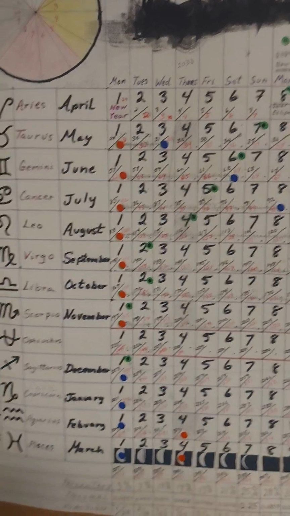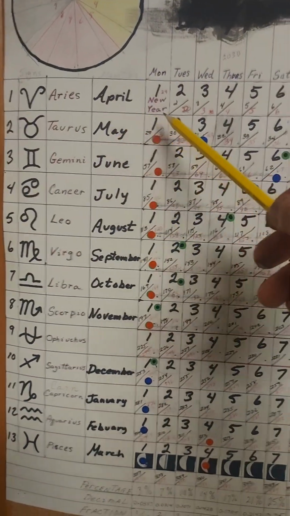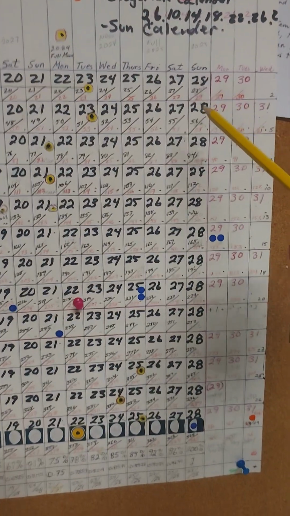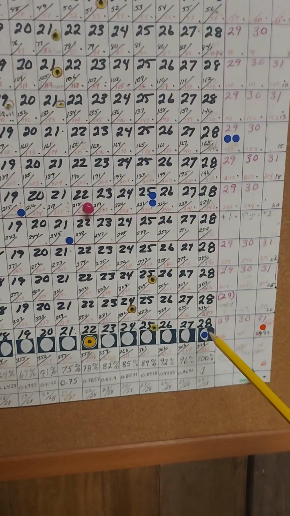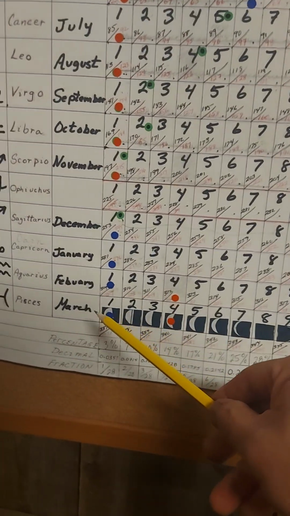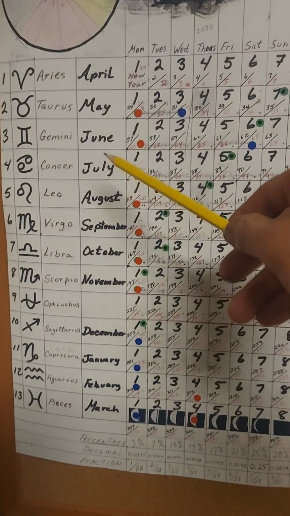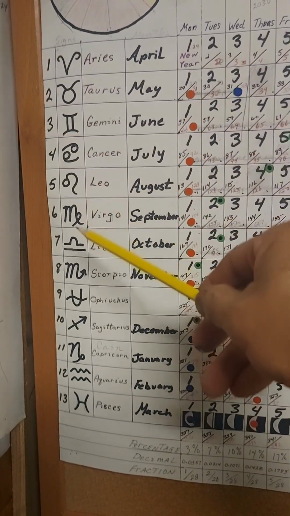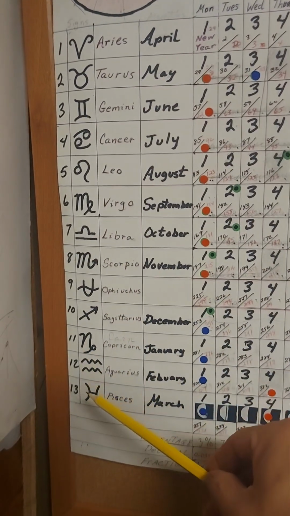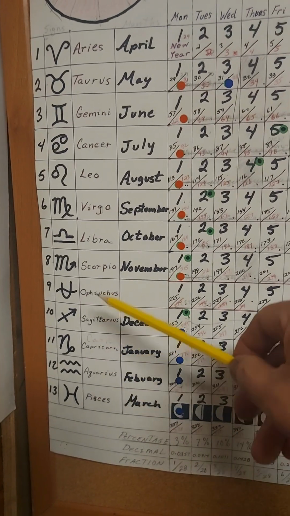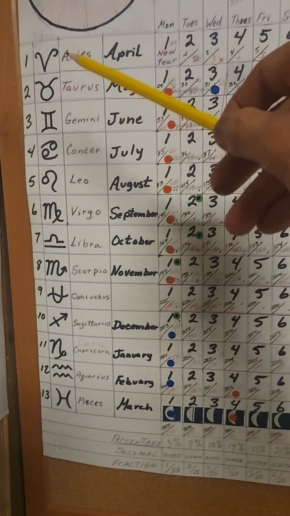Okay, this is what you call a lunar calendar. It goes up to 28 days, 13 months. Okay, these are your zodiac signs, and your zodiac names.